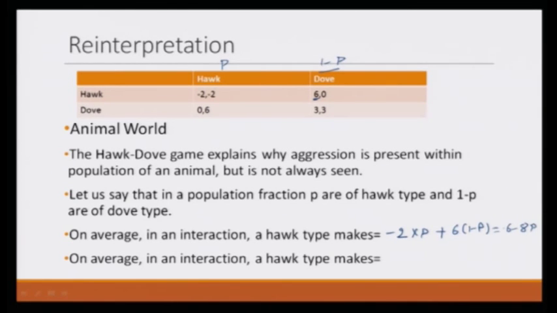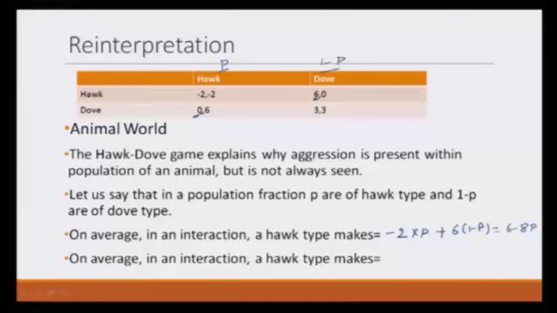And let us say if the animal is dove type and randomly it interacts with an animal of the same species, what would be its payoff? It would be 0 multiplied by p. Why? Because there is probability p that it would be interacting with a hawk type of animal, because p is the proportion of hawk types in the whole population.